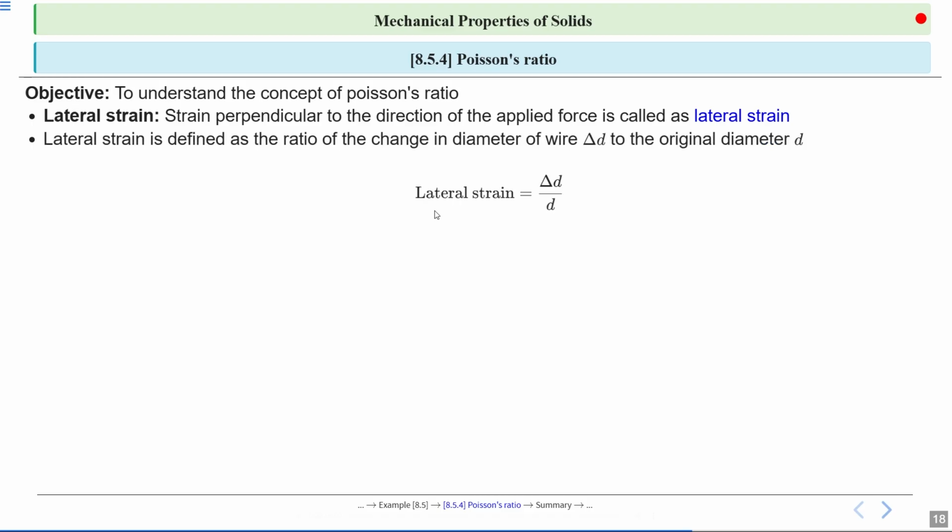Lateral strain is defined as the ratio of the change in diameter of the wire, delta D, to the original diameter D. So lateral strain is equal to delta D divided by D. Both delta D and D are measured in meters, so the strain itself has no units. It's a pure number like 1, 2, 3, 4 without unit.